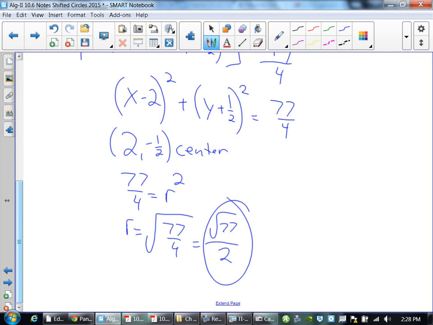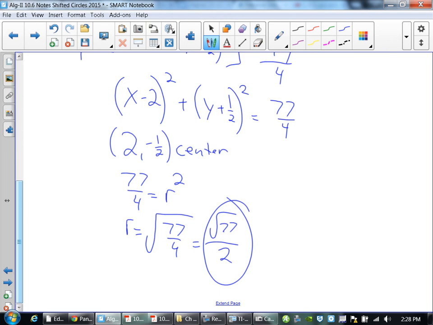So 8.6, 8.7, half of 8.6 would be 4.3. So 4.35-ish. Check it. I wonder what it is. It's like 2.1. What did I say? 4.35? It's called approximations. Close-ish.